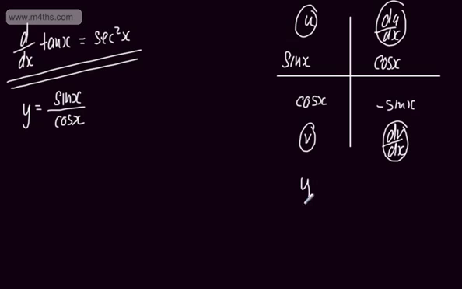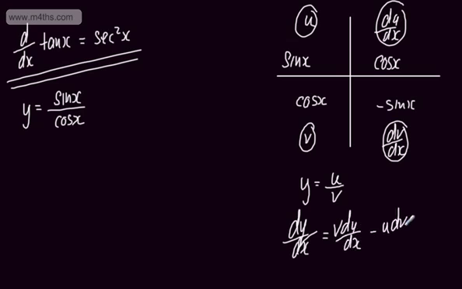So if y is equal to u divided by v, where u and v are both functions of x, by the quotient rule, dy by dx will be v du dx minus u dv dx all over v squared. If you do need to review that, there is quite a lengthy tutorial on the quotient rule.